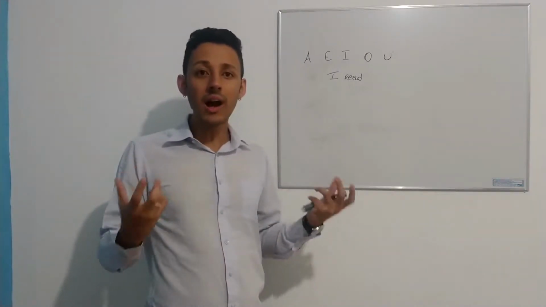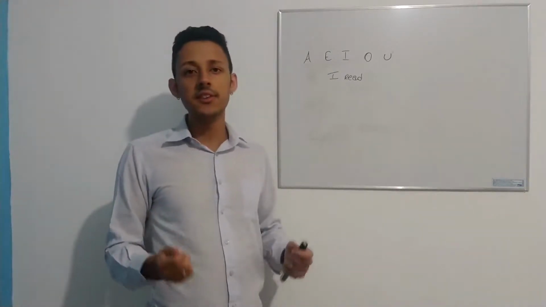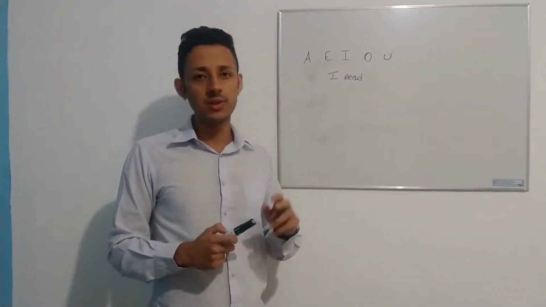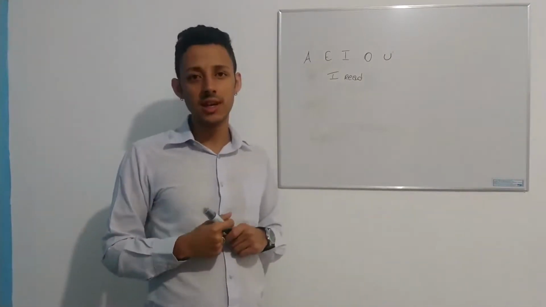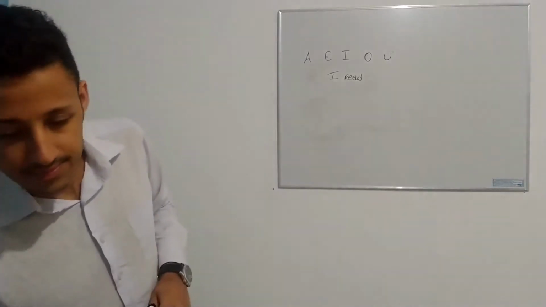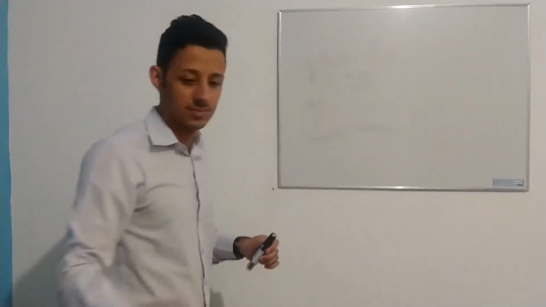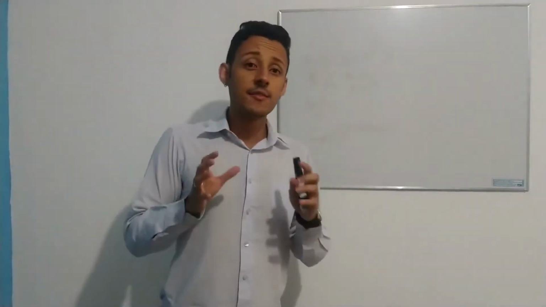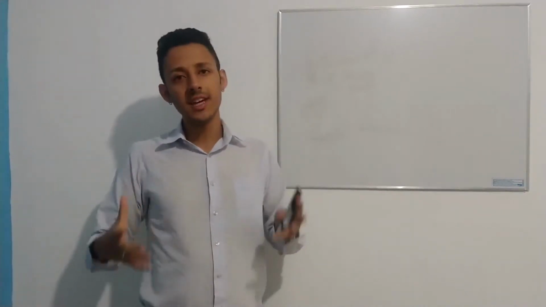So, why this happens in English? There are two important reasons, and I will speak about these reasons today in our video class. The very first reason is the mixture of English.